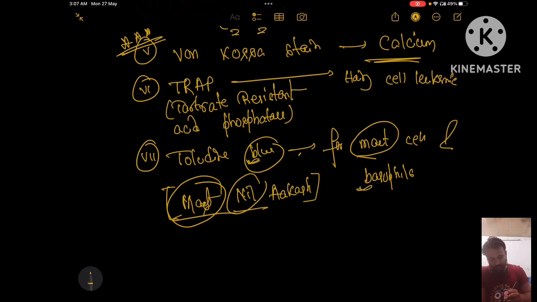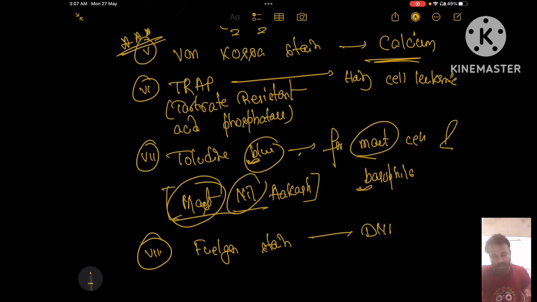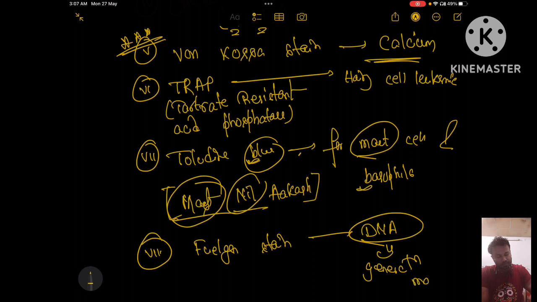Last but not the least, Feulgen stain for DNA. How can you remember it? DNA causes generation, mutation, generation maintenance.